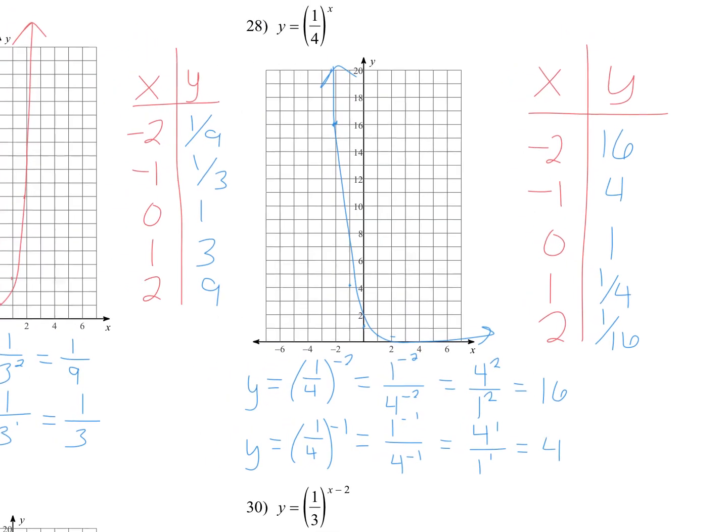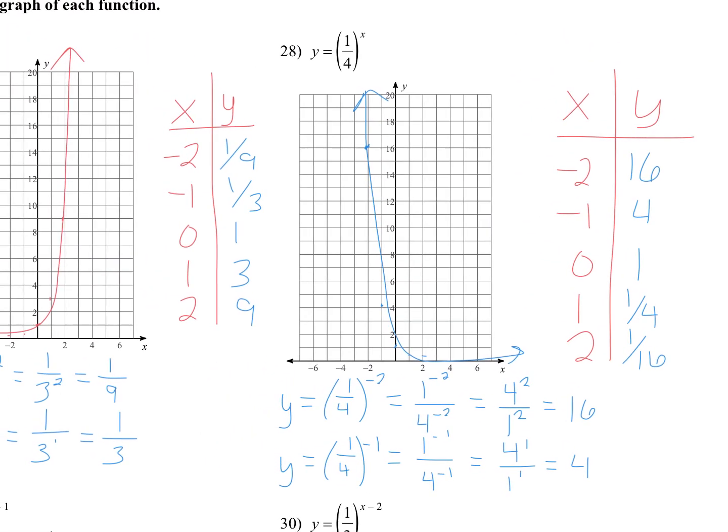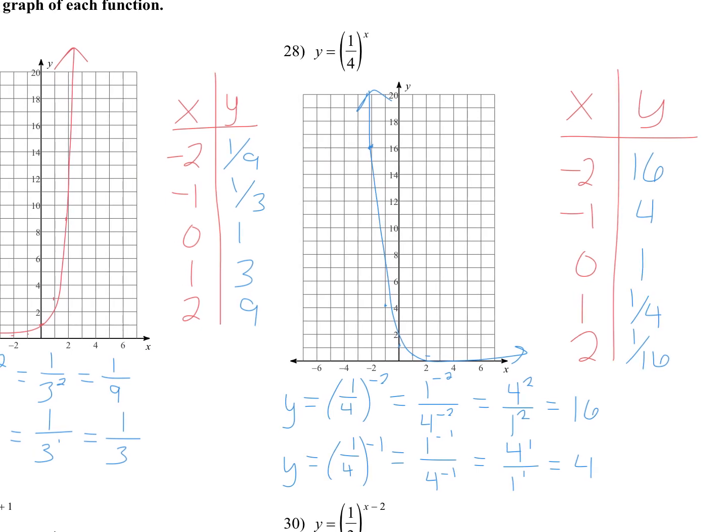Okay, so looking at these two compared to each other, how can you explain the difference of exponential growth and exponential decay? Growth goes up to the positive side. Growth goes up, decay goes down. How can you tell me at the beginning whether it's going to be growth or decay?